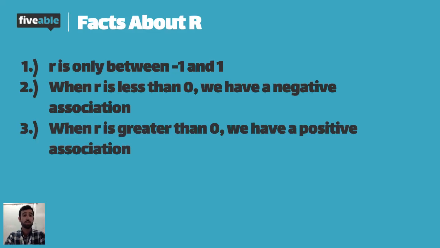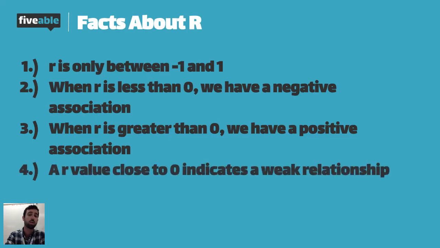When R is greater than 0, so when R is between 0 and 1, we have a positive association, meaning as one variable increases, so does the other. To give you an example of that, you can think of our height versus arm span. We would expect as one person increases in height, their arm span would also increase. And that's a positive association.